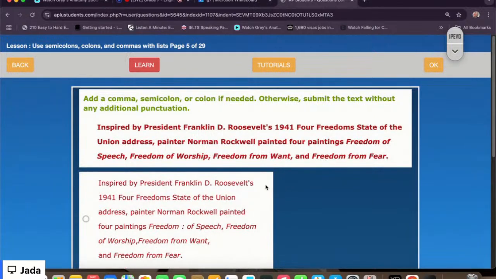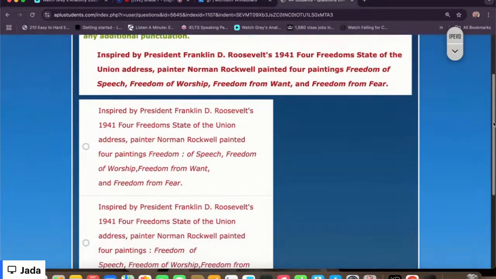So inspired by President Franklin D. Roosevelt's 1941 Four Freedoms State of the Union address, painter Norman Rockwell painted four paintings: freedom of speech, freedom of worship, freedom from want, freedom from fear.